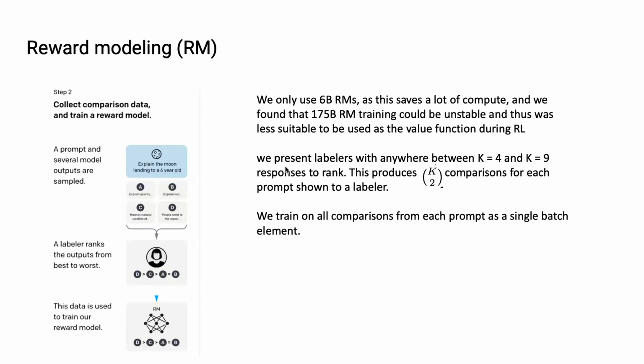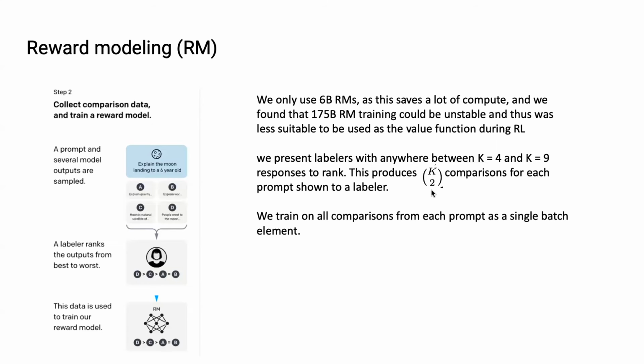And then for each prompt, they ask the labelers to rank from 4 to 9 responses. And this will give K choose 2, selecting a pair of responses from the set to compare for each comparison shown to the labeler.